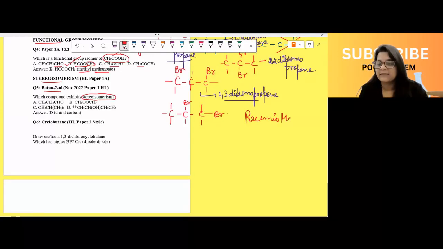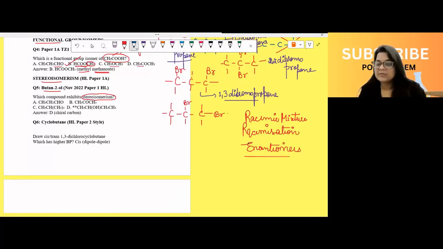So you have something called a racemic mixture, then racemization, and something called enantiomers. What are those enantiomers? These are those mirror images. You call both the mirror images enantiomers.